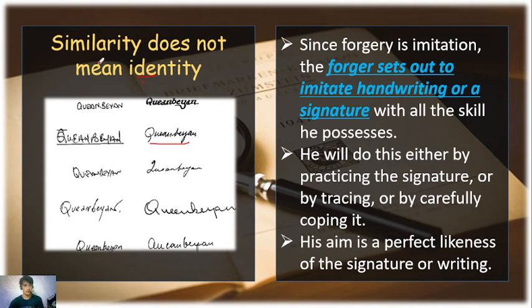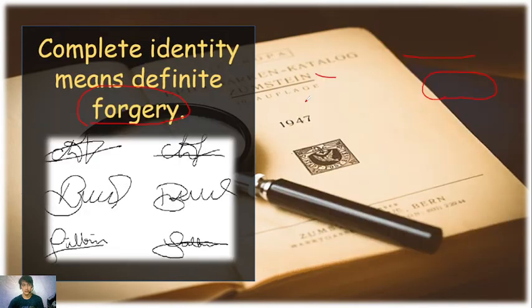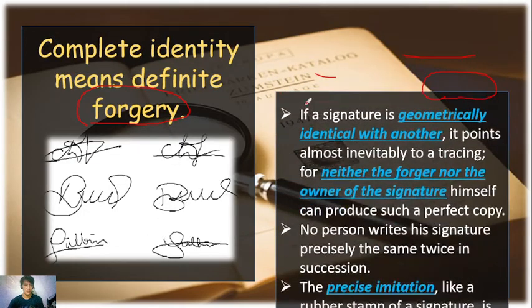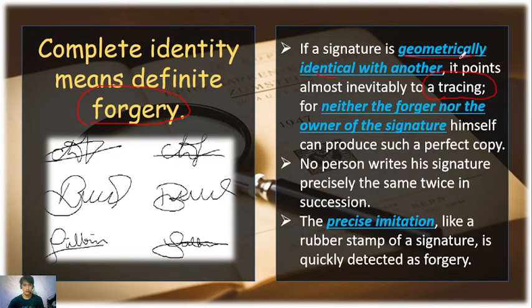So hindi ibig sabihin na similarity means identity. So it should not be. Since complete identity means definite forgery or completely identical, or especially geometrically identical.